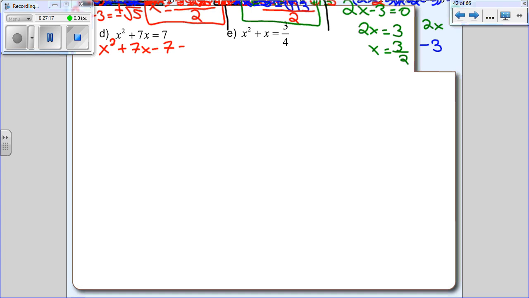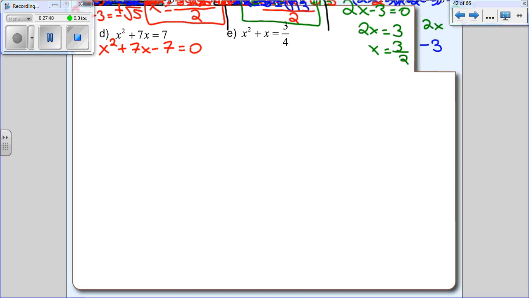Now, what should I try? Try to factor. You can't, right? Things that multiply to be negative 7 and add to positive 7 don't exist. Now what do I do, Jackson? Now I times everything by 4. Why am I timesing it by 4? Because this middle value is odd, right?